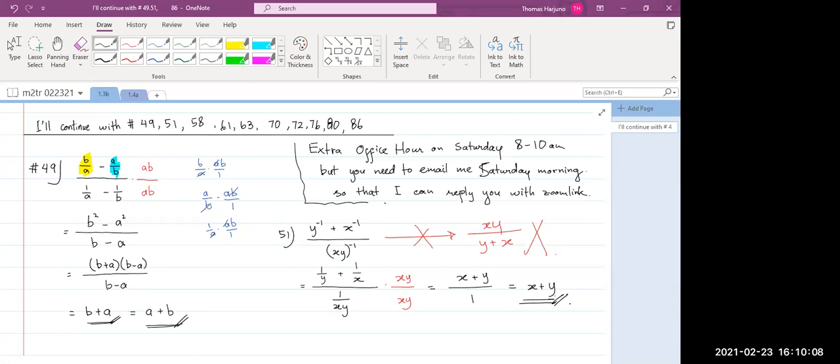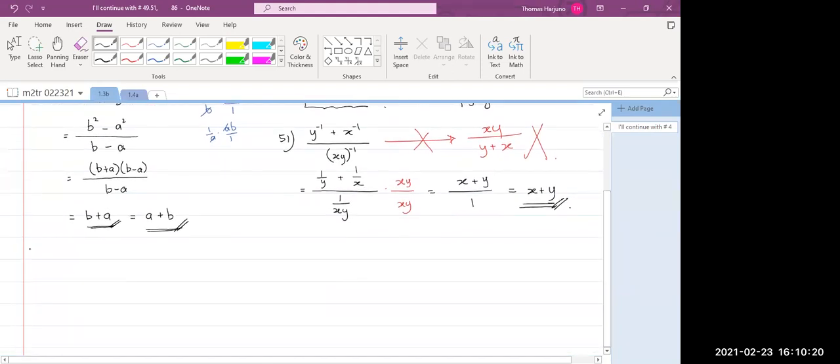Now, I did 3 or 4 problems with complex fractions in my lecture, so I don't want to do too much here. I will do one more, number 58, which I saw was not covered in my lesson. x plus 2 over x minus a plus 2 over a, big over x minus a.